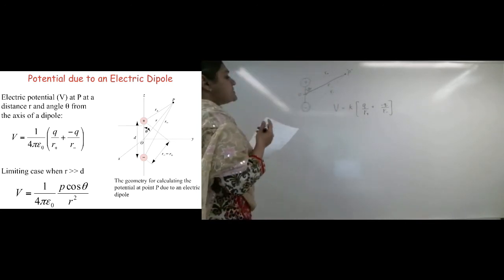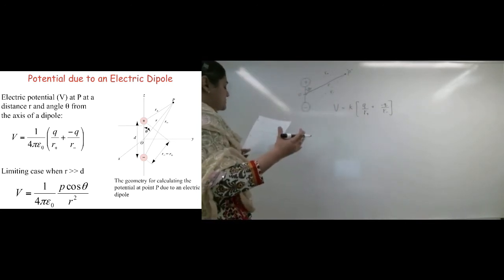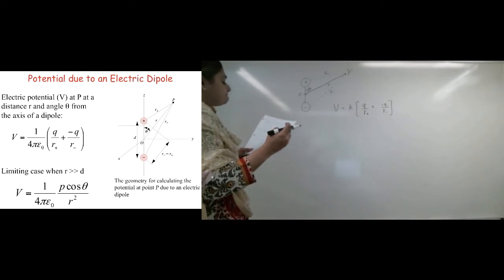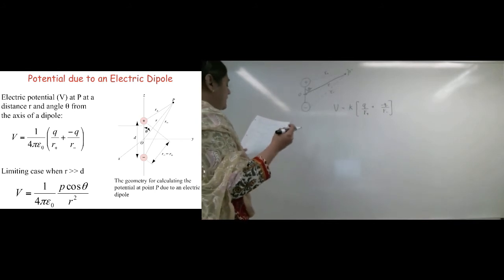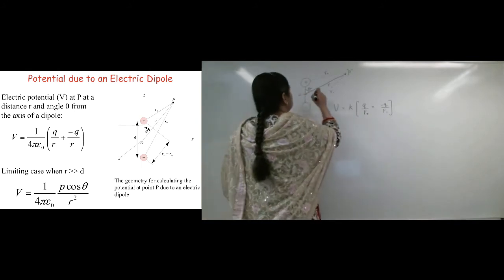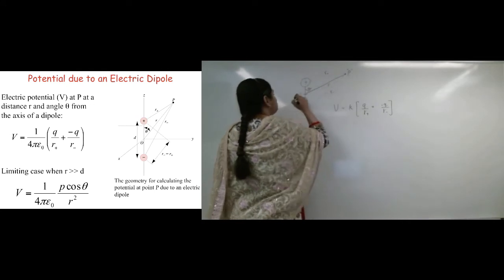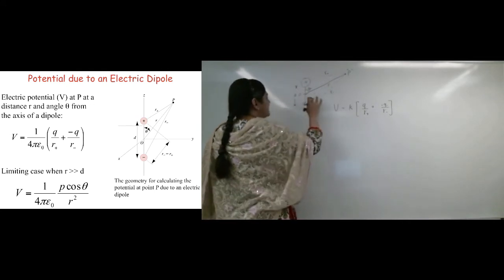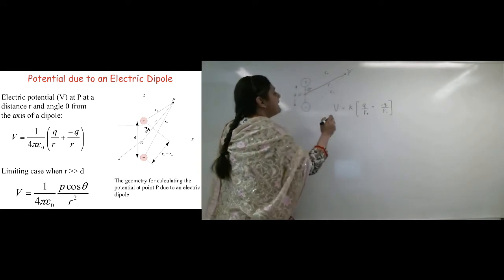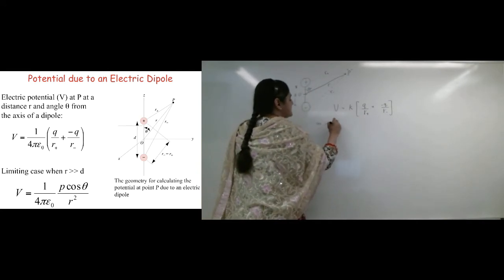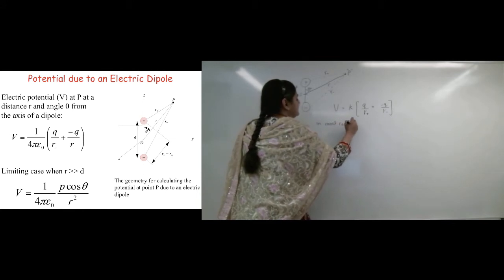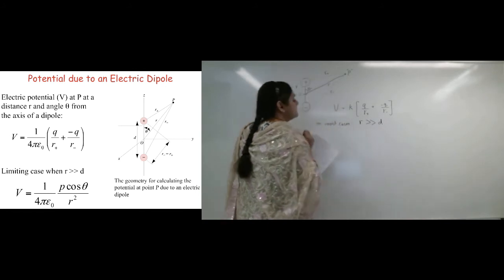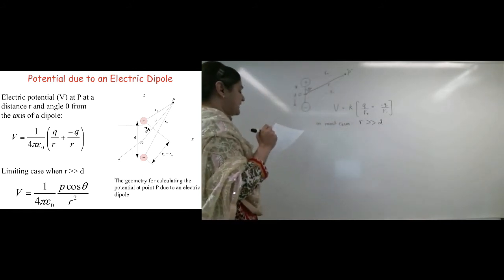Okay? So for many applications, r, the distance to P, is much greater than d. So yes, here it does not seem that way, but in most cases, r is much greater than d, where d is the distance between the charges of the dipole.